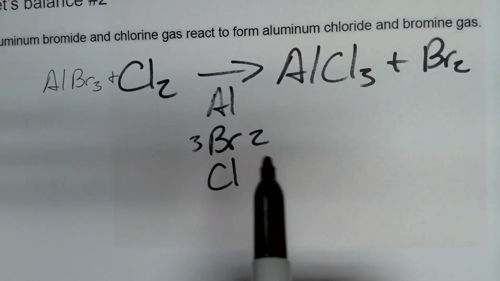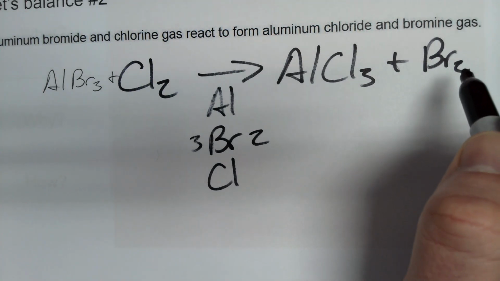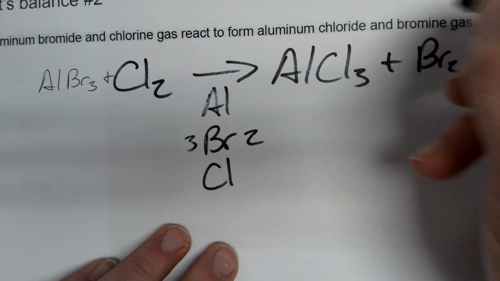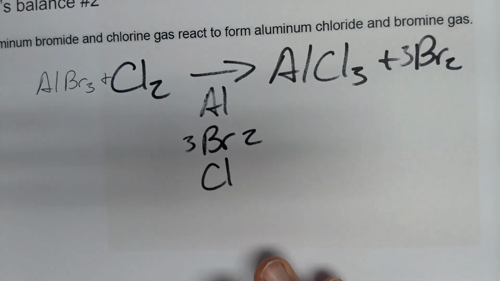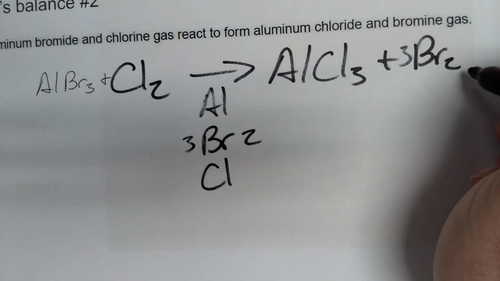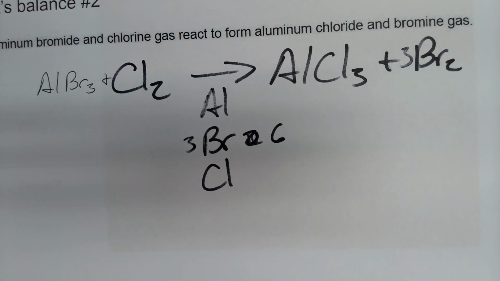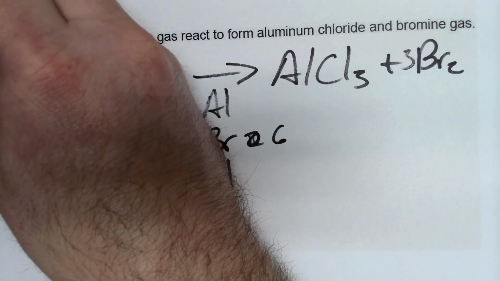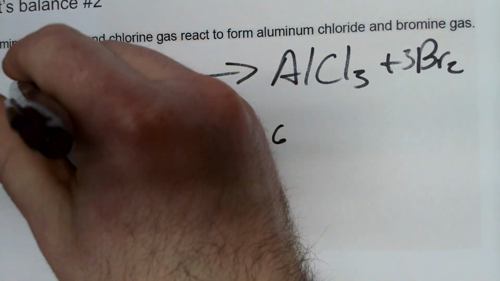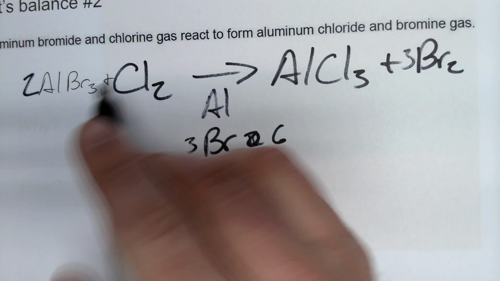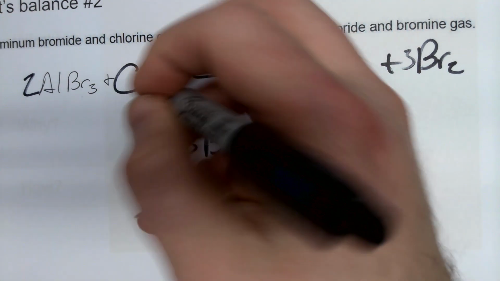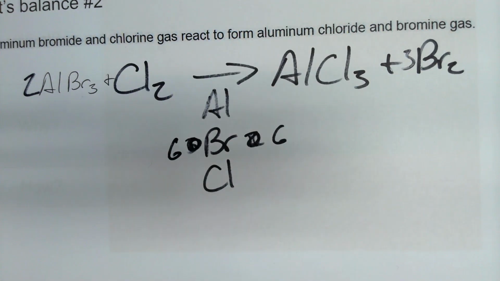How do I get 6 bromines on this side? I use a coefficient of 3. 3 times 2 equals 6. Over here, I need 2; 2 times 3 now gives me 6.